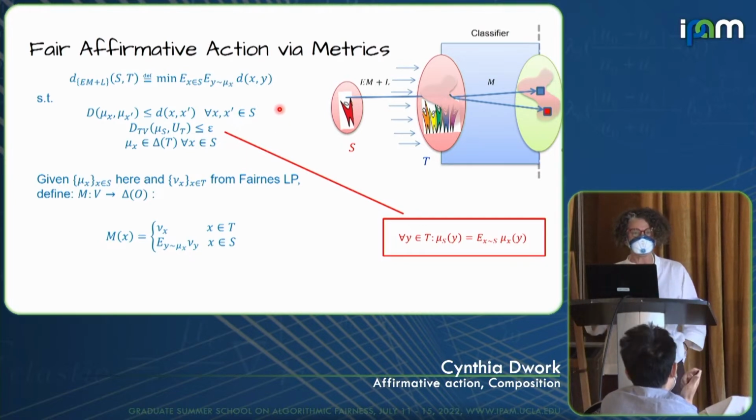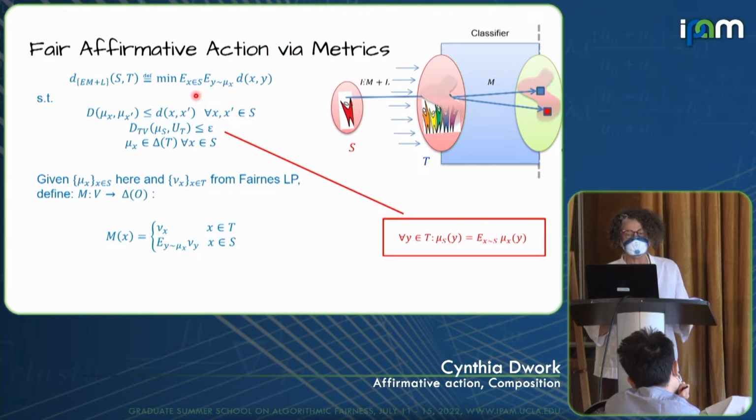What's our new problem then? We end up with the following distance. The distance in how S is treated and how T is treated is the minimum over x in S and y drawn from the distribution that we have assigned to x of d(x,y).